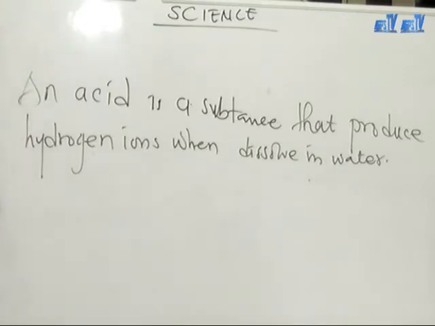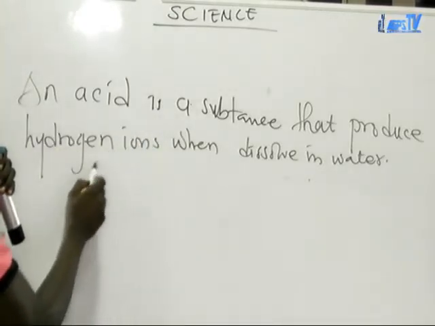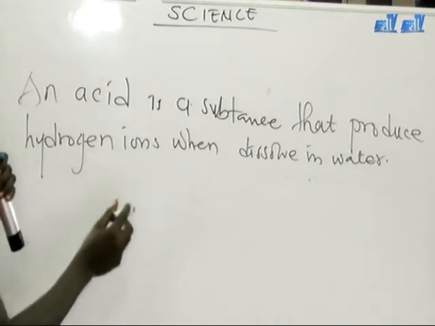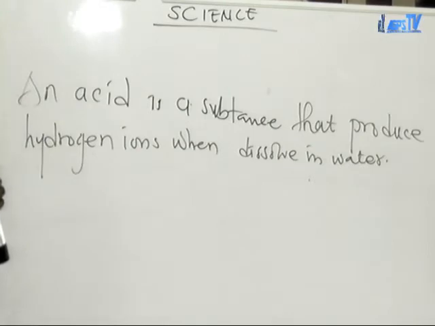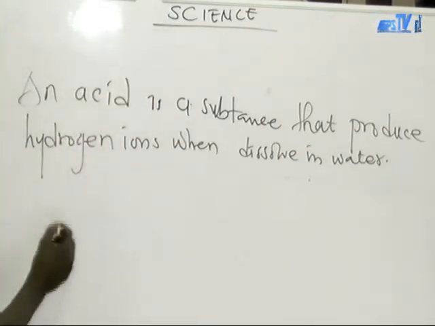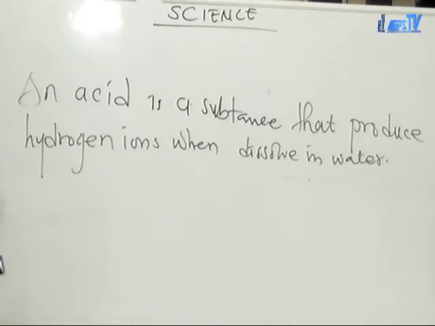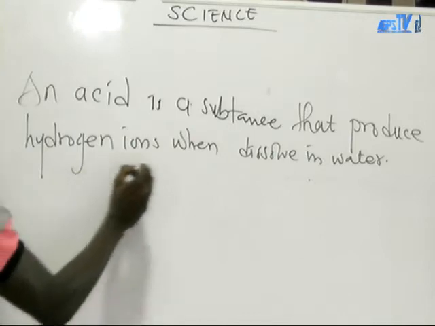Now look on the board. An acid is a substance that produces hydrogen ions when dissolved in water. This is another definition of an acid. And we can also define an acid as a proton donor. It donates hydrogen ions.